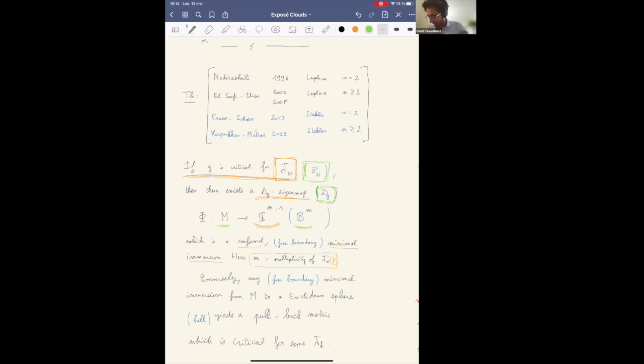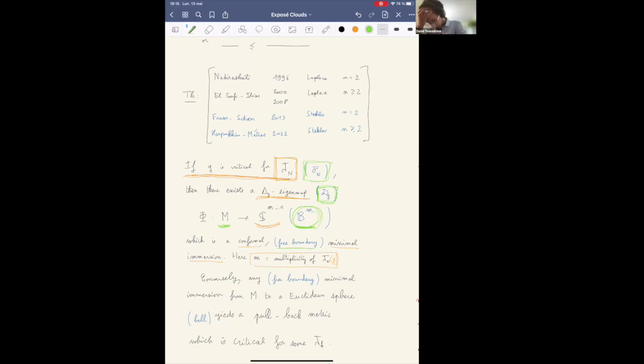Seeing the Dirichlet-to-Neumann operator as a boundary operator, defined on functions on the boundary, the map goes from M to the boundary of the ball, and then you use the harmonic extension of these coordinates to get the map from M to the ball. And in this case, you get a free boundary conformal minimal immersion.